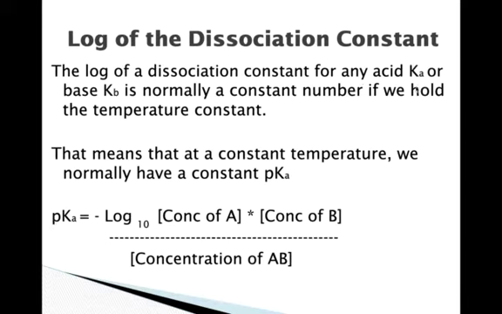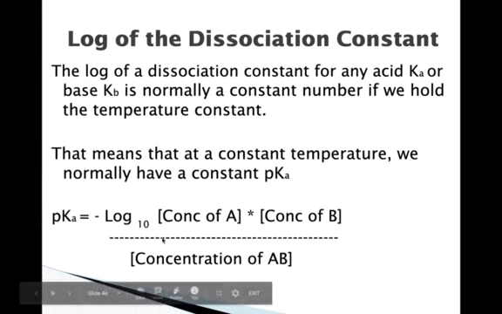So we can take the logarithm of Ka, the dissociation constant for an acid, or Kb, the dissociation constant for a base, and this number will typically be constant if temperature is constant. So our pKa would be the negative log base 10 of this dissociation constant value, the concentration of the products over the concentration of the reactants.